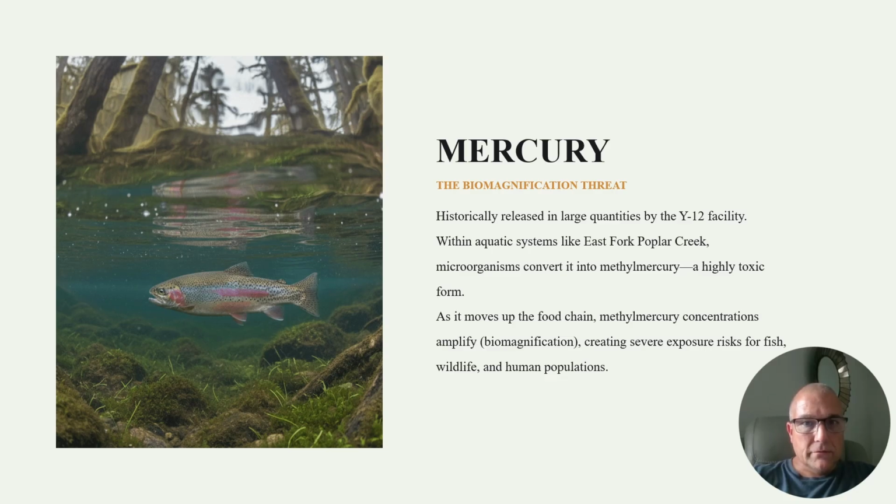Once mercury enters aquatic systems, certain microorganisms can convert it into methylmercury, a more toxic form that is readily absorbed by living organisms. Methylmercury accumulates within fish tissues and increases in concentration as it moves through the food chain. This process, known as biomagnification, creates elevated exposure risk for fish, wildlife, and humans who consume contaminated fish.